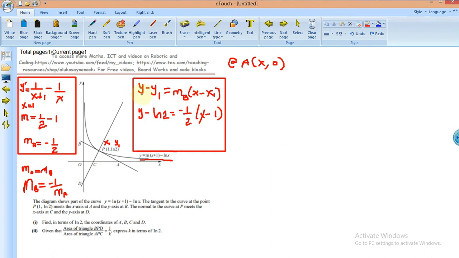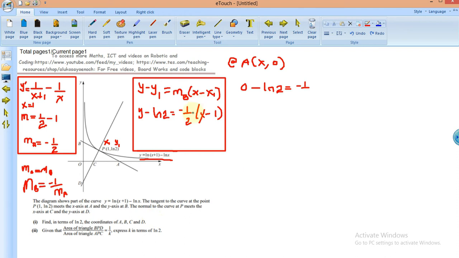So y minus y1, and my y is 0 here, so 0 minus my y1, which is ln 2. 0 minus ln 2 equals minus half, because it's the equation of tangents, so I'm using this equation, minus half into x. So I'm looking for x now. When y is 0, what is x?